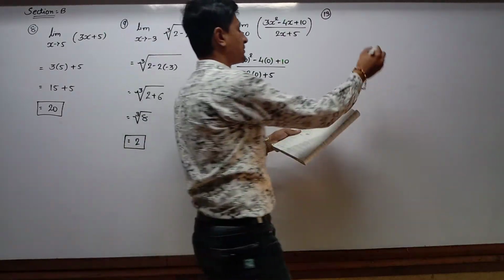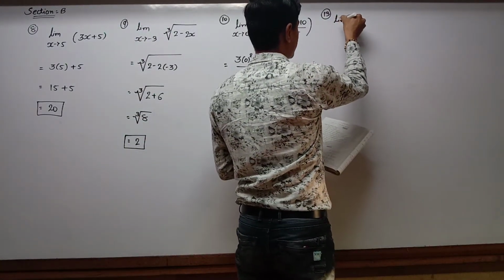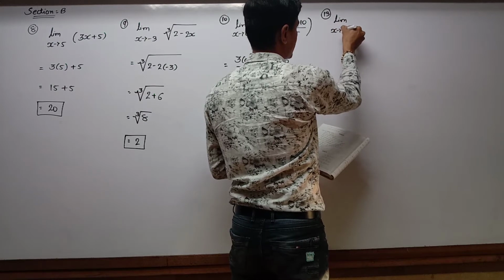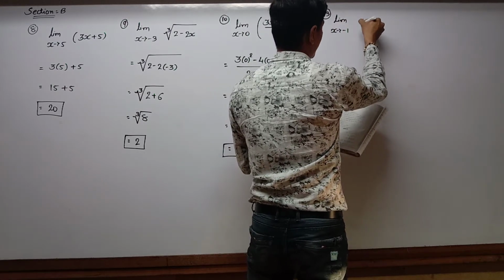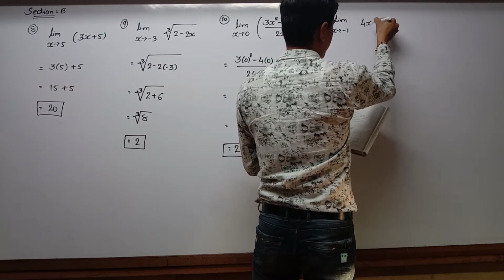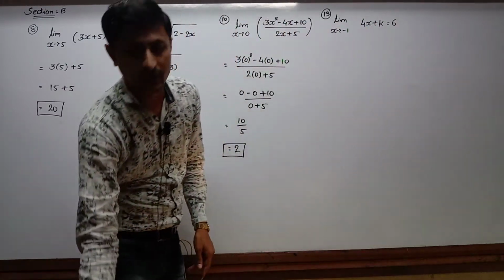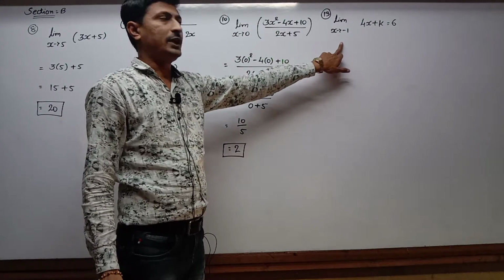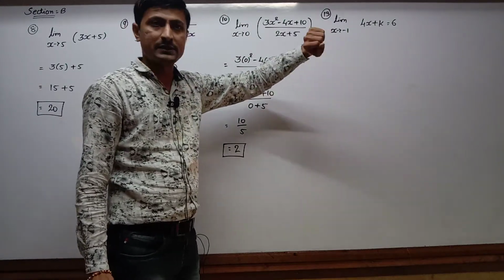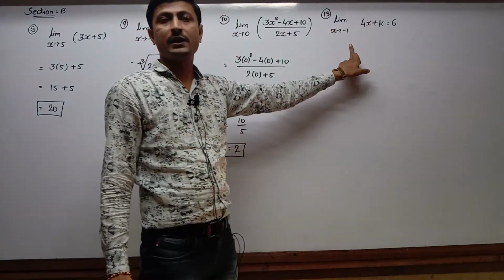If limit x tends to minus 1 of (4x plus k) is equal to 6, then find the value of k. Okay, find the value of k. x tends to minus 1, so in place of x we write minus 1.